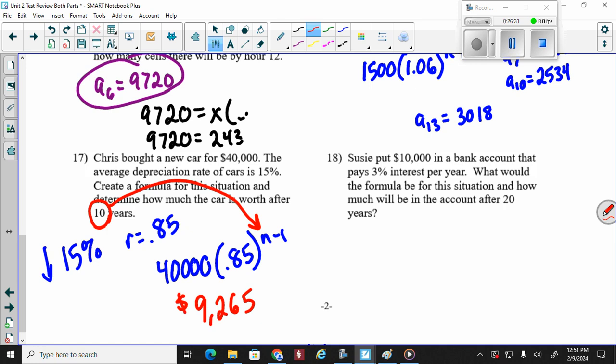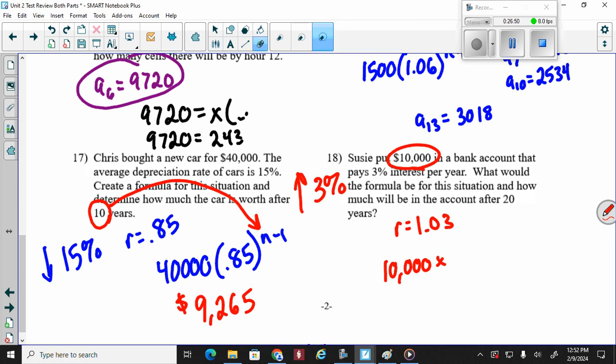There we go. Okay, so Susie puts 10,000 in the bank. That pays 3%. Now, 3% in a bank means you're increasing. So R is going to be 1.03. This is my first term, so 10,000 times 1.03 to the n minus 1.